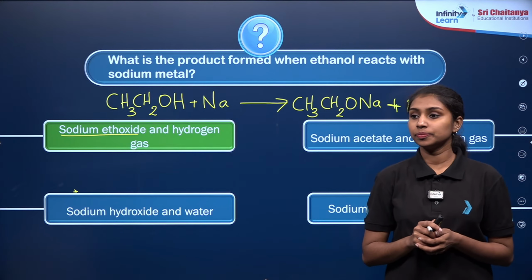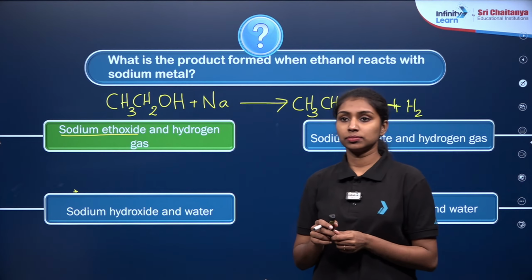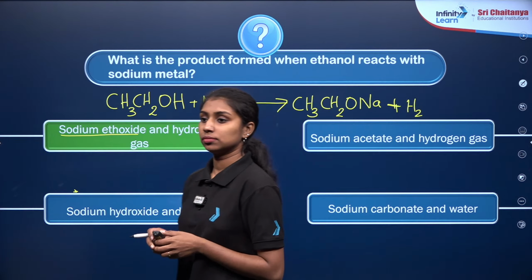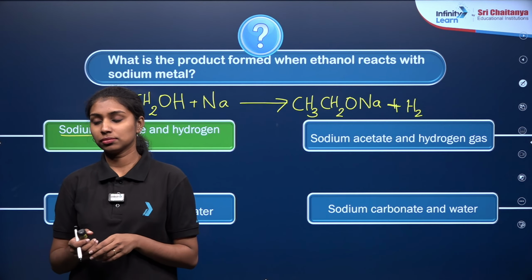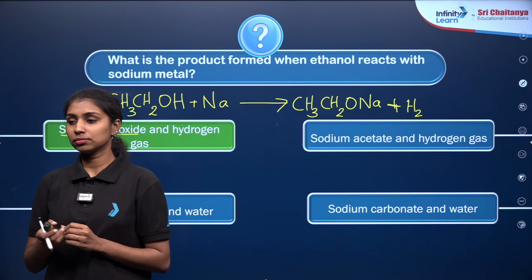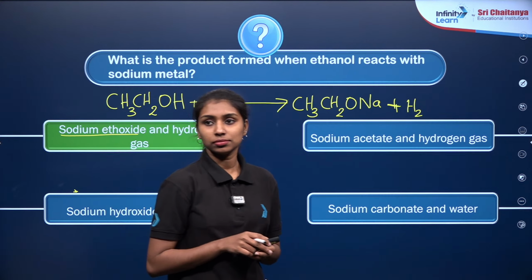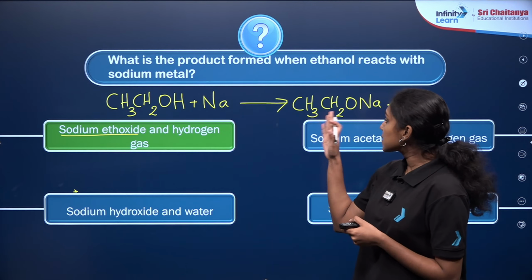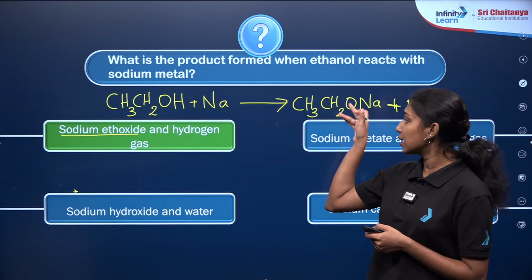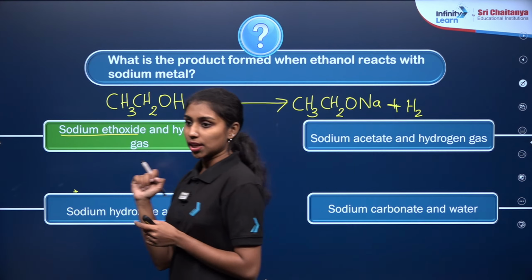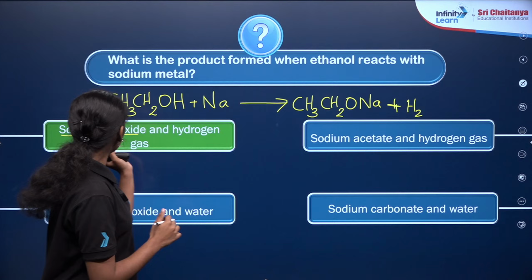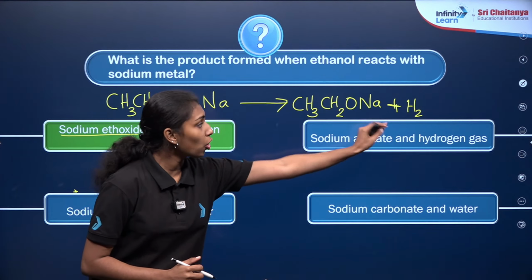Is that clear? So what is the name of this compound? CH3CH2ONa. Functional group is oxygen here. So it will be sodium ethoxide along with hydrogen.